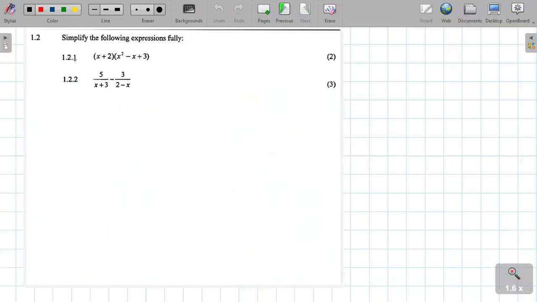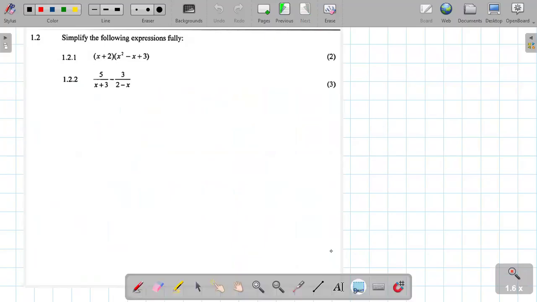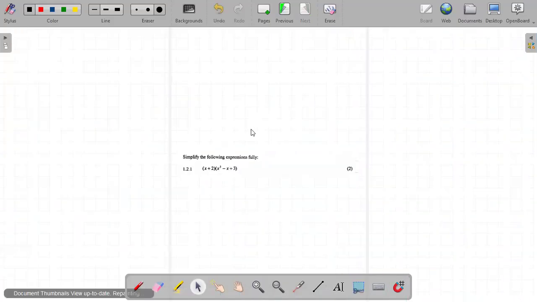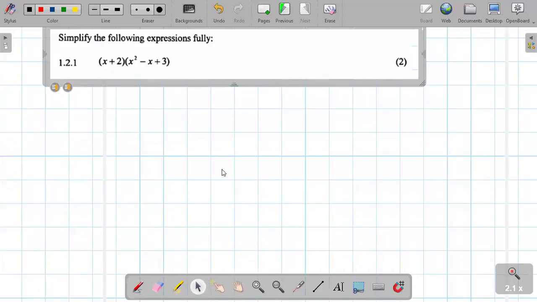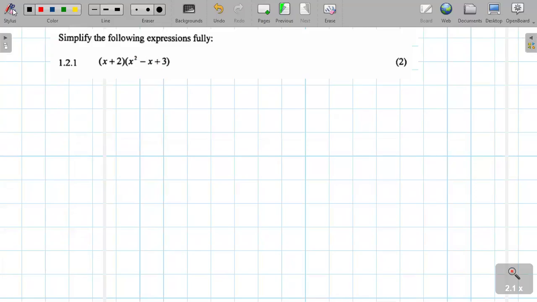Okay, all right. Oh, finally, the last one. Simplify the following fully. All right, how do I simplify this?